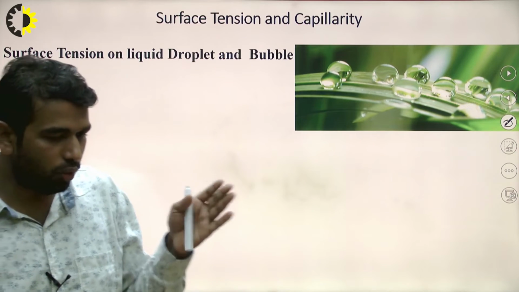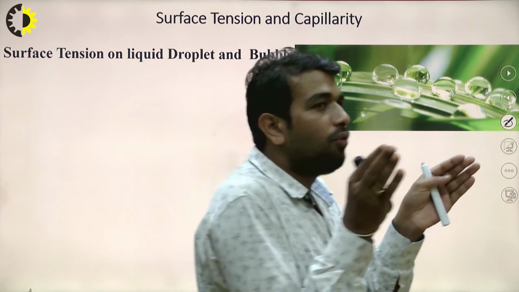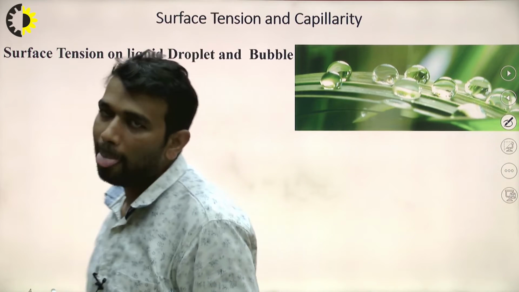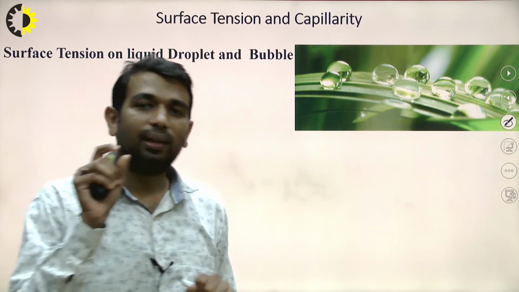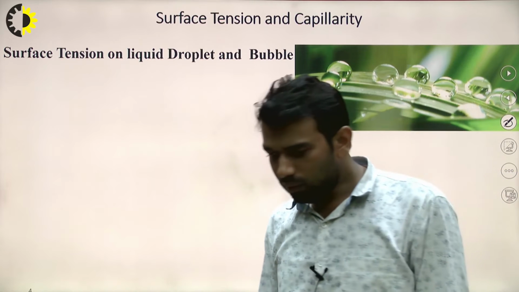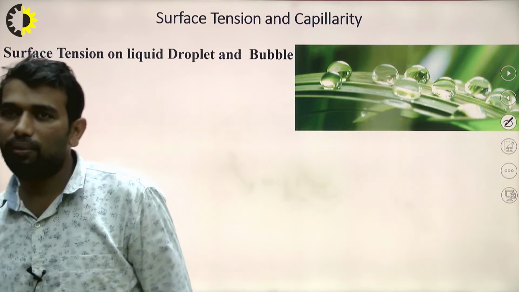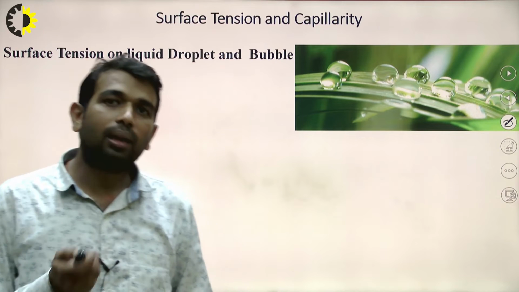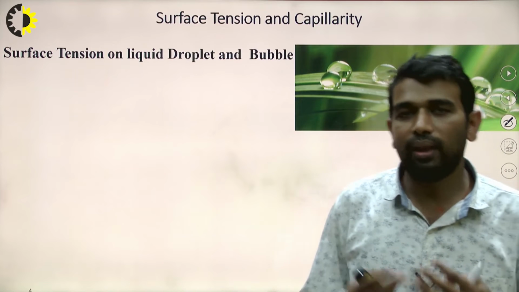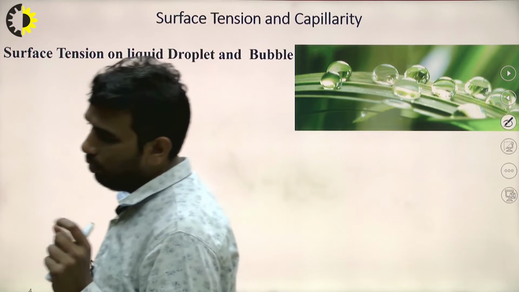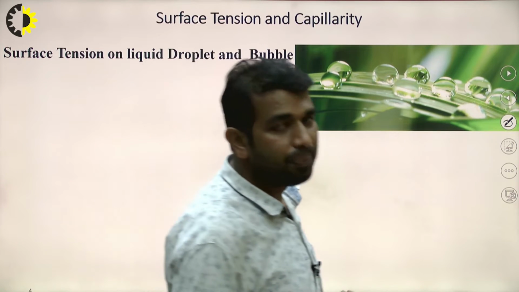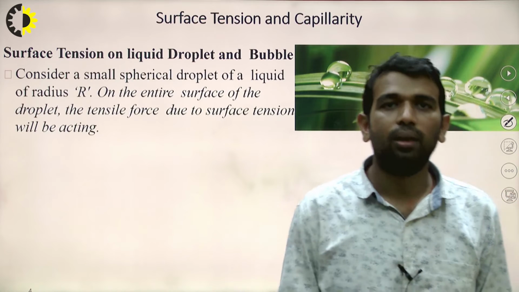If the surface area reduces, the amount of force is reduced, and it acquires a shape which has minimum surface area, which is the shape of a droplet, similar to a sphere in nature. Ultimately the total force must be balanced, and that happens when the fluid acquires a spherical shape in the form of a droplet. So that is one example.